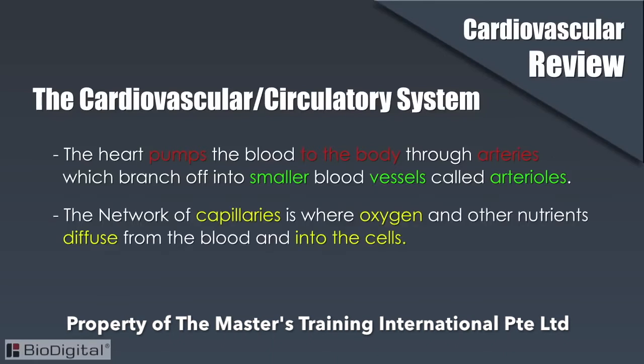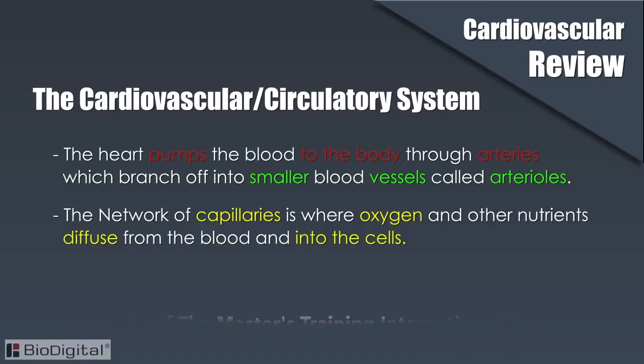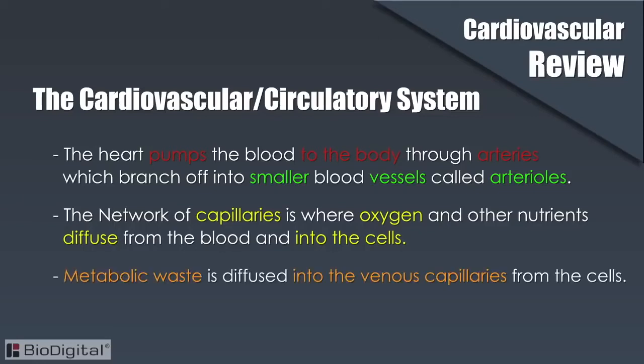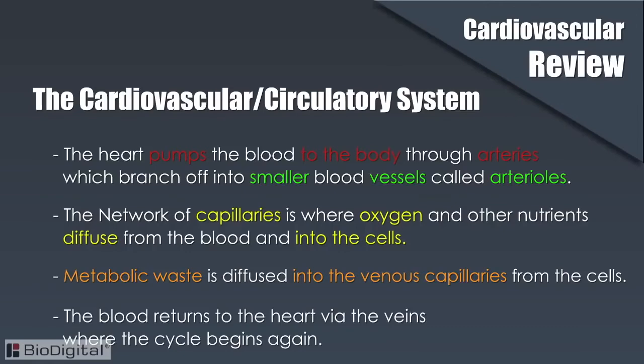The network of capillaries is where oxygen and other nutrients diffuse from the blood and into the cells. As oxygen and nutrients are diffused into the cells from the arterial capillaries, metabolic waste is diffused into the venous capillaries from the cells. The blood returns to the heart via the veins, where the cycle begins again.